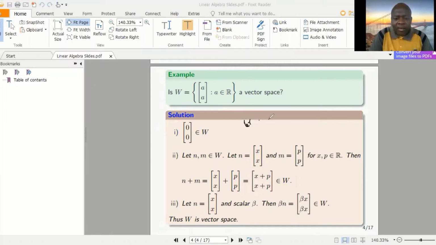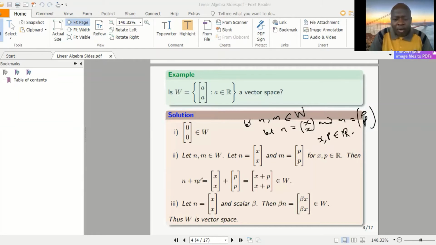let N and M be vectors in W, so that I can let N be the vector (x, x) and M be the vector (p, p), where x and p are real numbers.